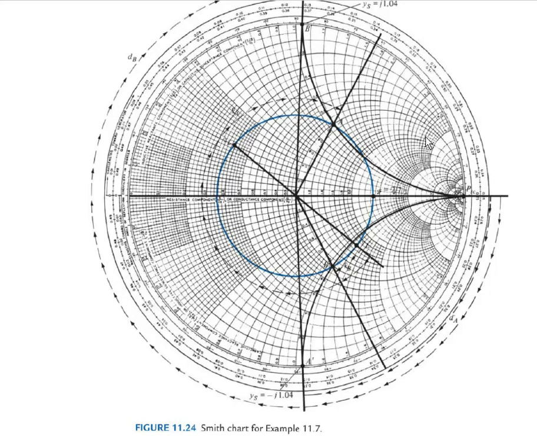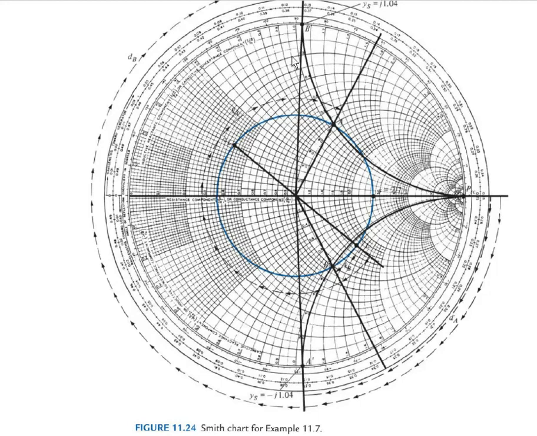Then after finding this LB and LA, one more design criterion is stub length. To find the stub length, you just extend that X circle to this point A dash and to this point B dash. So the extended circle point from A is B dash, and from the point B, the extended point is A dash. Then draw a straight line from the origin through A dash and B dash.